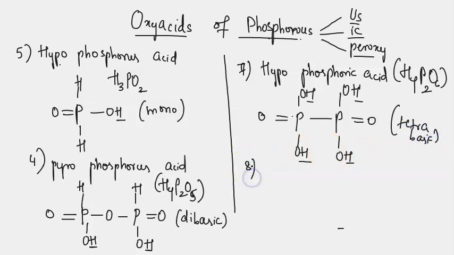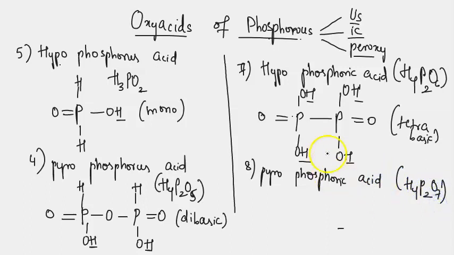The next in the order will be pyrophosphoric acid, which is H4P2O7. We can remember these in an order. This is H4P2O5, H4P2O6, and H4P2O7. The structure of the compound will have a POP linkage.